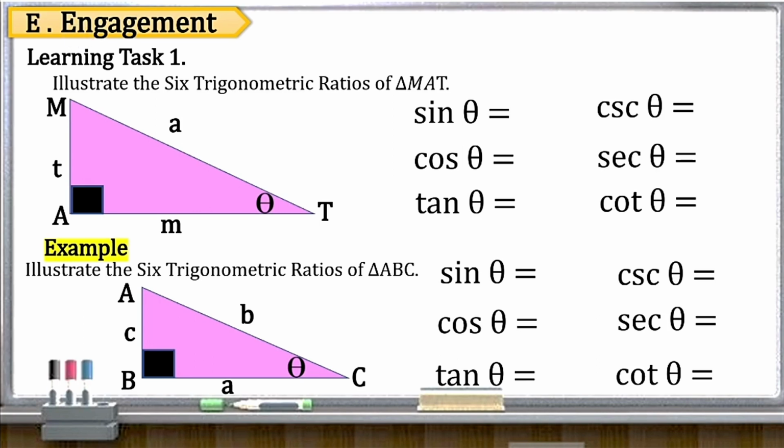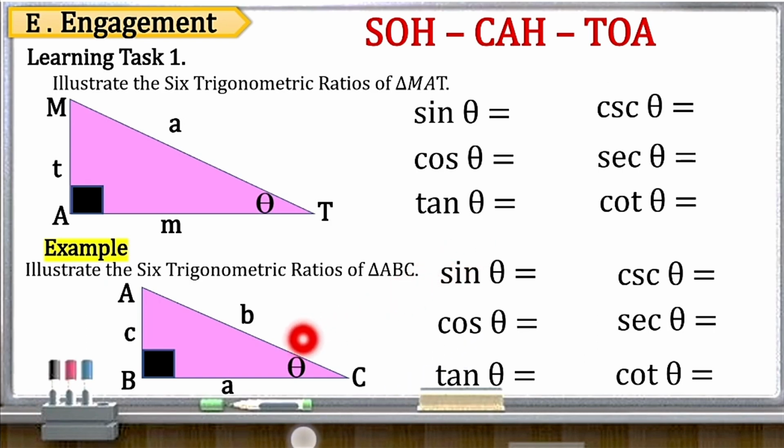At para hindi tayo mahirapan, gagamitin natin class yung SOHCAHTOA. Tapos, identify natin yung parts ng right triangle. Kung hindi pa kayo masyadong sanay, pwede nyong lagyan class ng label. So, unang hahanapin natin ay yung ating reference angle. So, nandito class yung ating reference angle.